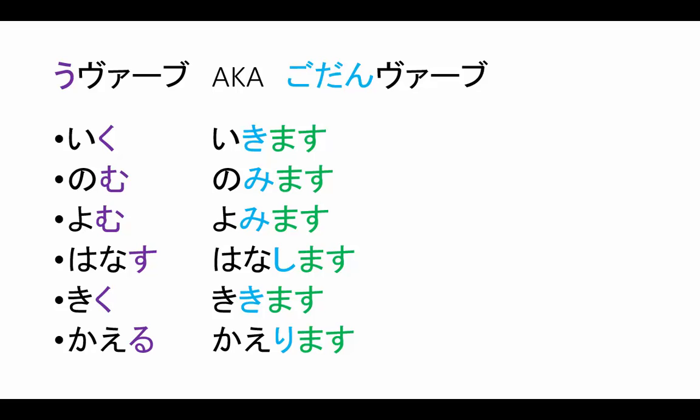It's probably safer to think of ni meaning to and ni meaning at a certain time as two separate particles that happen to be homophones, because they're completely different functions, right? 10時に学校に行きます. At 10 o'clock, I'll go to the school. Two completely different uses of ni, right? And it is possible to use them both in the same sentence.